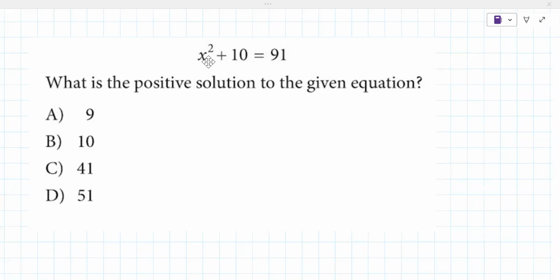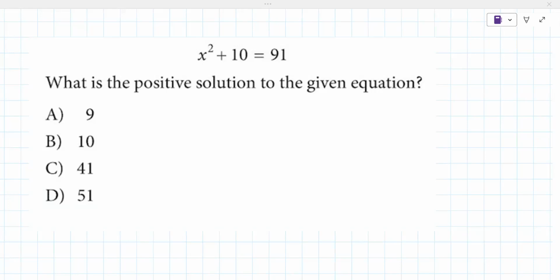I love sports analogies. If a pitcher's throwing really fast, you choke up on the bat and just try to get it in play. That makes more sense than swinging for the fences and hoping to make contact. Do the most reasonable thing here, which if you're going to try answers, would be trying 9 and 10. If you were to solve this, you would have to move some things around, maybe as you remember from Algebra 1, but it's more involved than just trying the answers, especially when you only have to put it in one place. So I've said enough here.